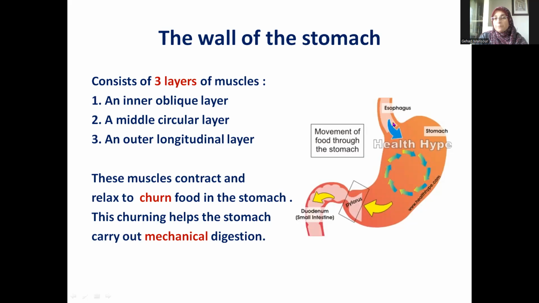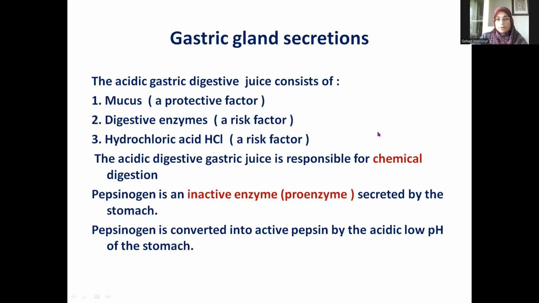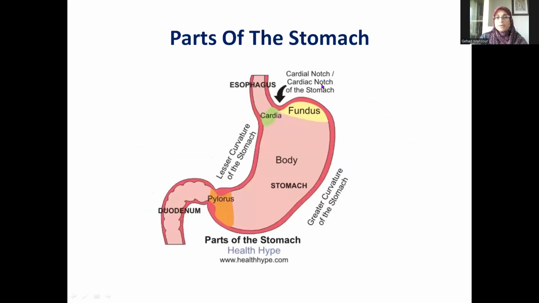Here we have a very important structure. I wonder whether it's on the slides or not. Yes. Here we have a very important structure that is called the cardiac sphincter. What is a sphincter, and what is the cardiac sphincter in particular? A sphincter is a ring of strong involuntary circular muscle fibers. So it is a strong ring of circular muscle fibers.